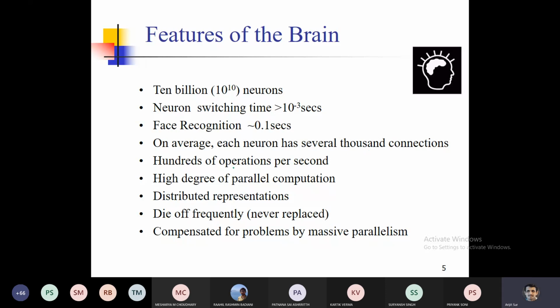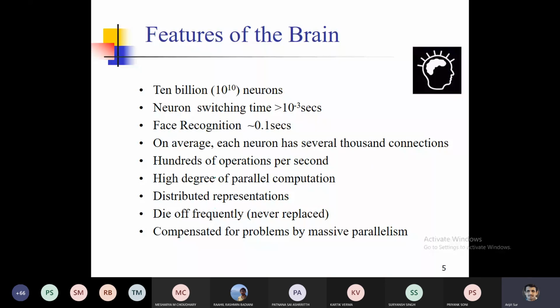Hundreds of operations per second, high degree of parallel computation, distributed representation, neurons die frequently and are never replaced, and this is compensated for by massive parallelism. You'll see it in later slides also: a normal human neuron, if you take a single one out of it, is a very simple kind of thing.